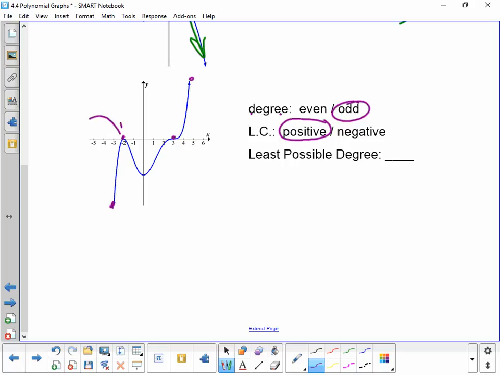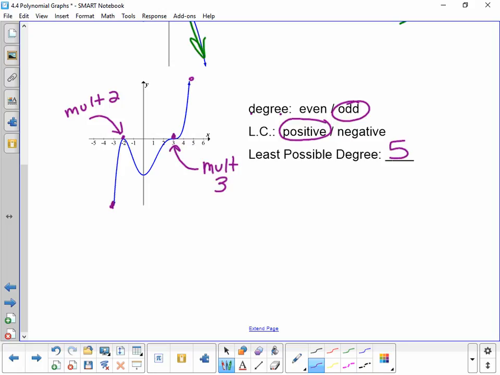At this particular intercept, it's got to have at least a multiplicity of 2 because it's a tangent point. It's touching and turning around. And then this one over here, that terrace, tells me that it has to be at least multiplicity of 3. So altogether, the lowest degree this thing could possibly be is 5.